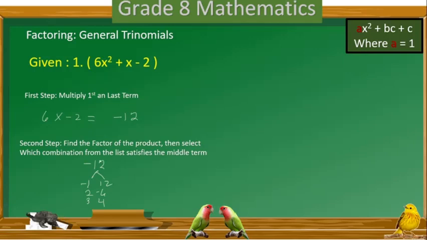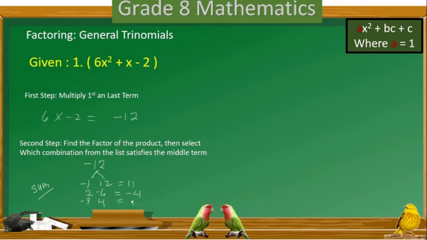But the number that we're going to factor is negative 12, so we're going to make one of these negative. So negative 3 times 4 is negative 12. If we find the sum of those factors, this is 11, this is negative 4, this is positive 1.